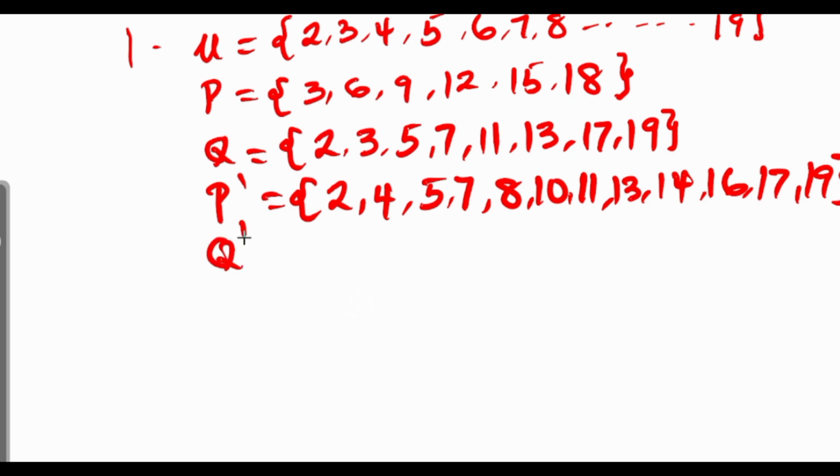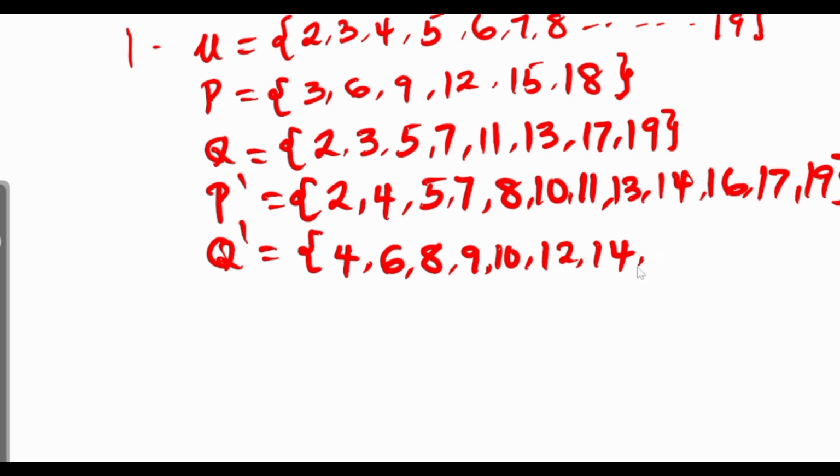Now Q prime. We need elements that are in the universal set but are not in Q. We have 4. 4 is in the universal set but not in Q. We have 6, 8, 9, 10, 12, 14, 15, 16, and 18.